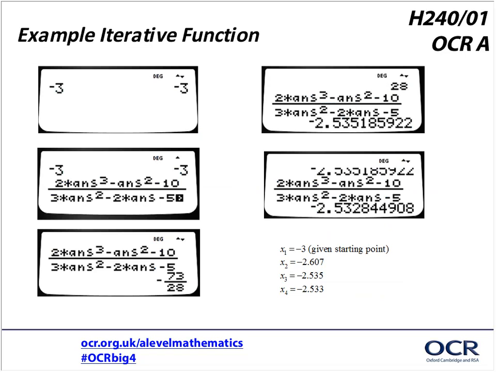So having put in the -3 and equals, then it's a case of putting in the formula, replacing X with answer, and then just pressing equals to get each of the values required.